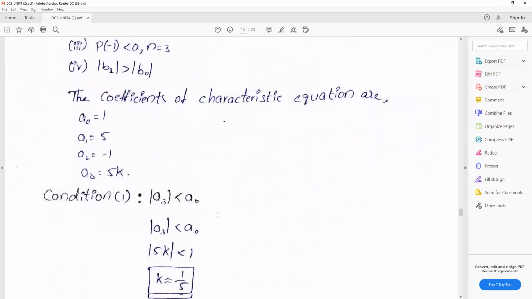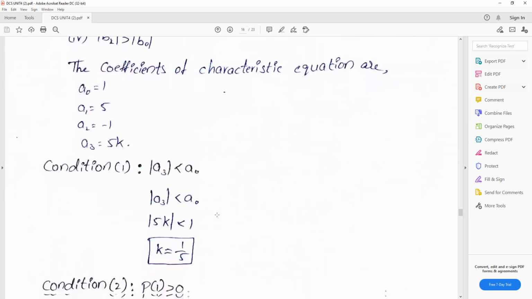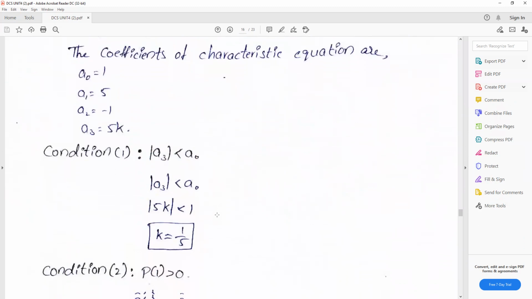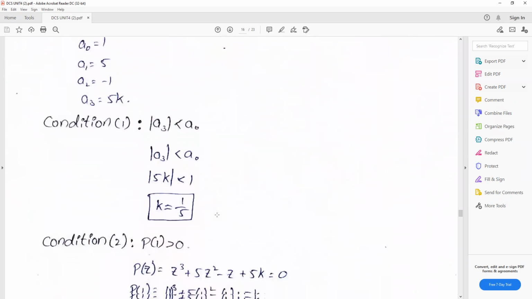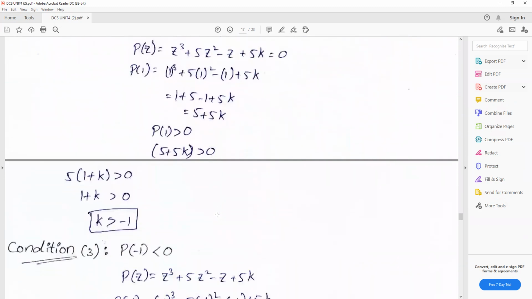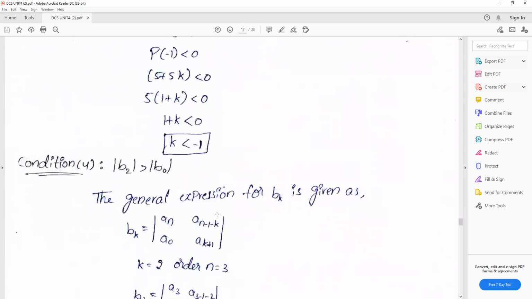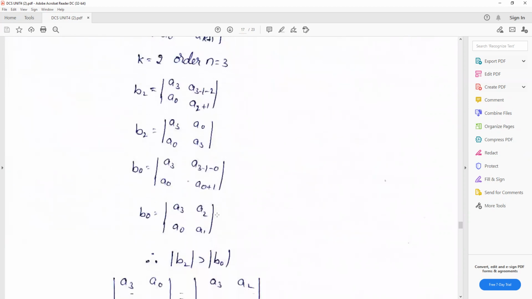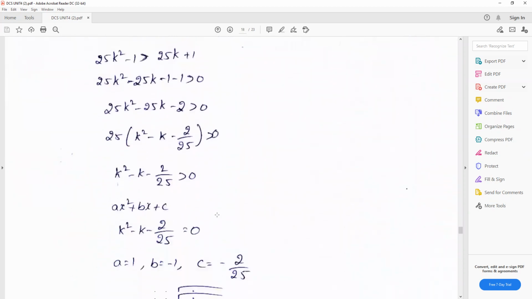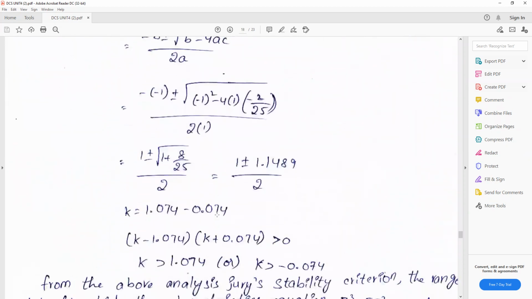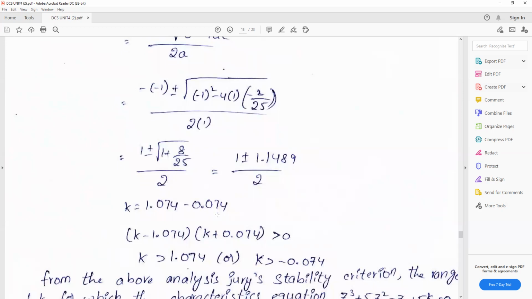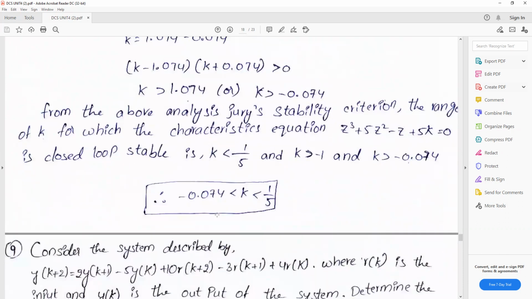First condition, A3 is less than A naught, so K is less than 1.5. Second, K is greater than minus 1. Third condition, K is less than minus 1. And the fourth condition, find the roots: 1.074 and minus 0.074.